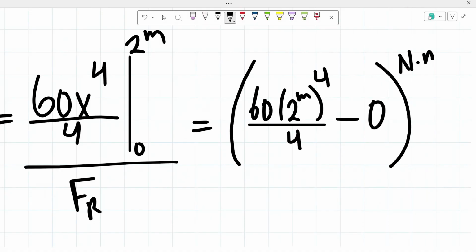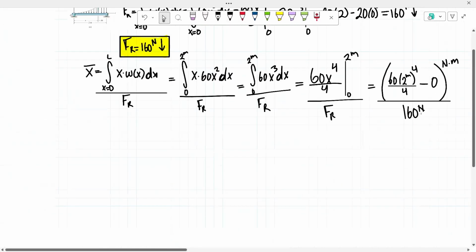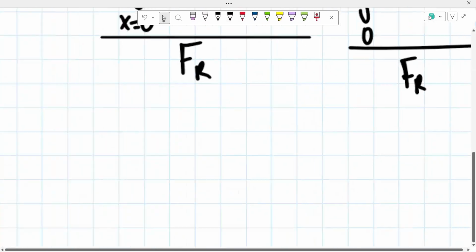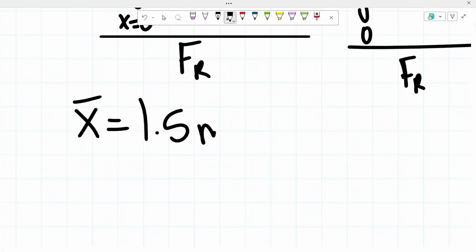This is in newton meters, over our resultant force, which is 160 newtons. Once you solve for that, that should give you that the location of your x is 1.5 meters.